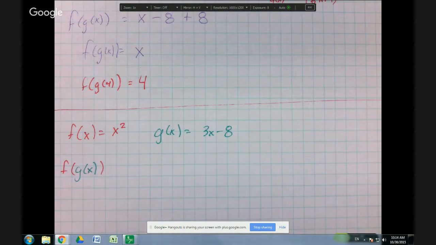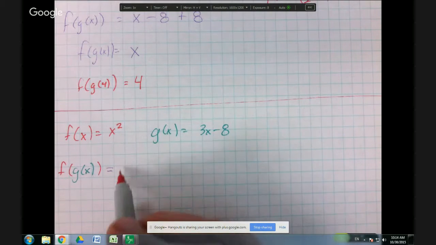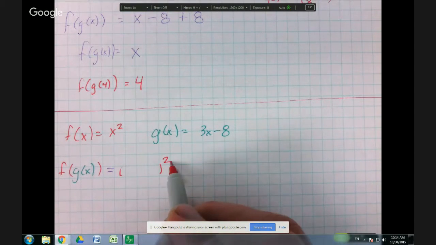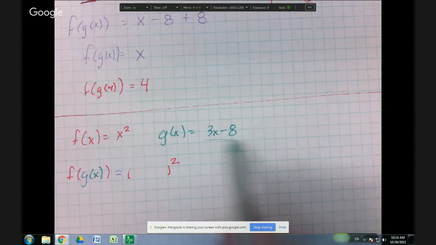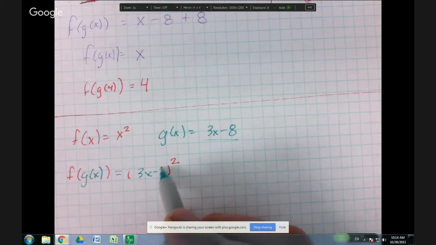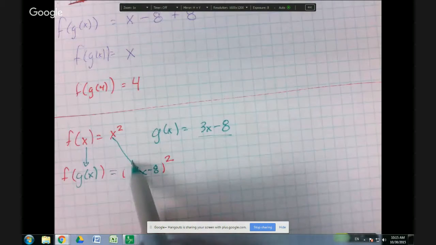So when I go to write x, I need to leave room to put this inside of it. See, x became g, x became g.